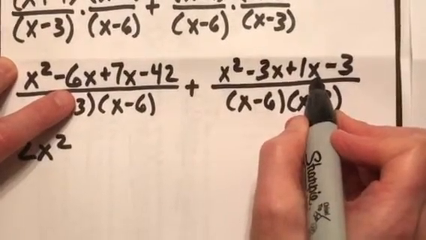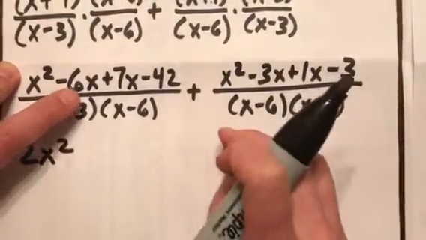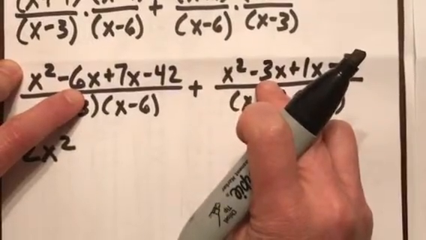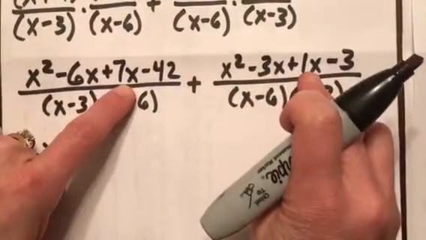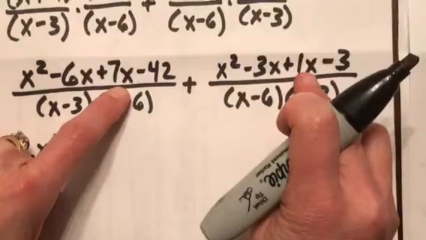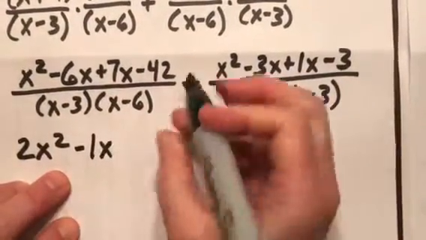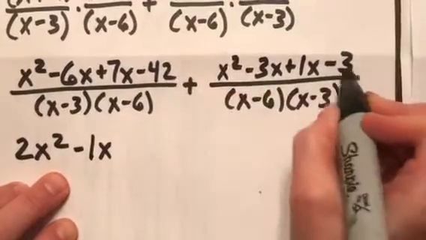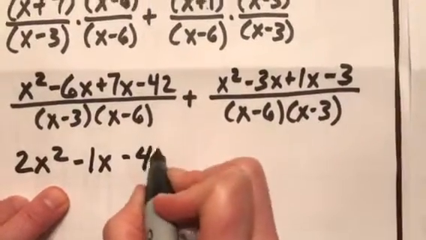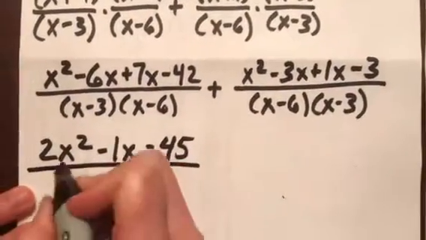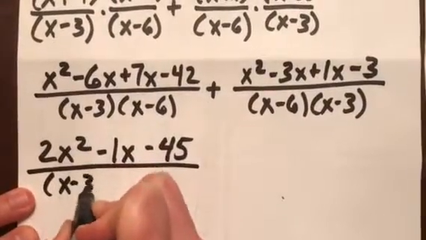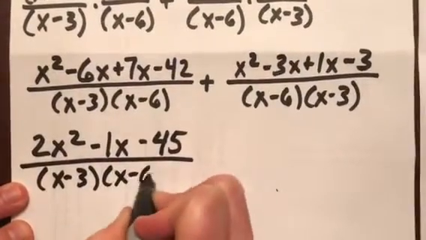If we combine all these things, the negatives would make negative 9. The positives would make positive 8. So negative 9x and positive 8x would give us a negative 1x. And then negative 42 and negative 3 is negative 45. All over my common denominator of x minus 3, x minus 6.